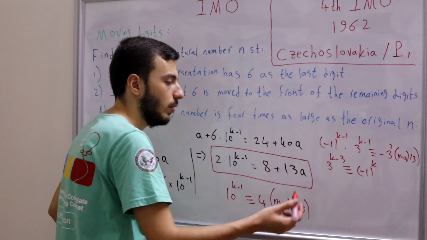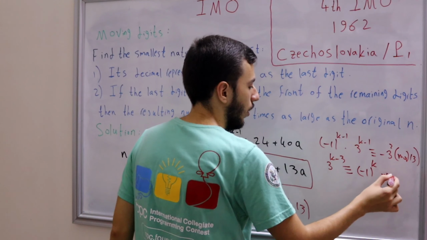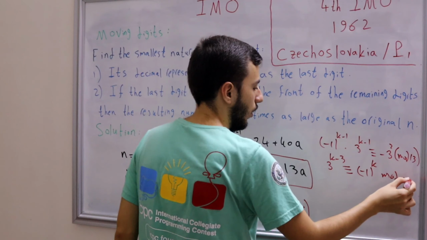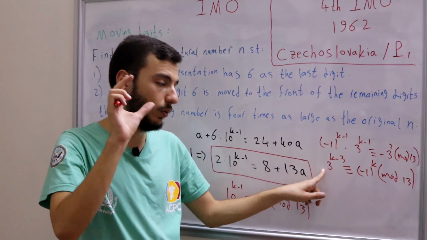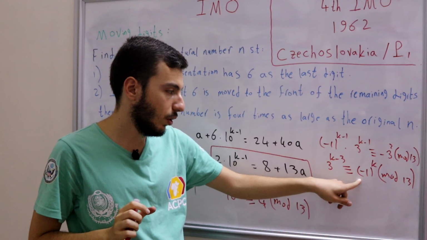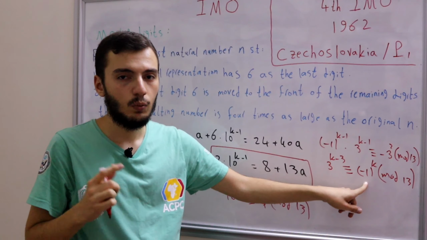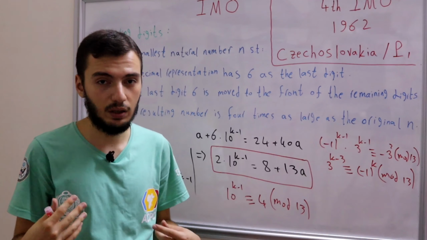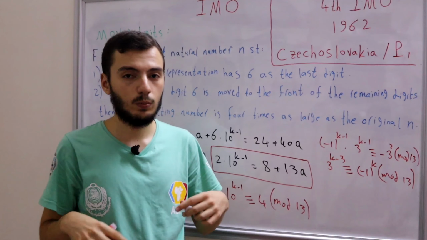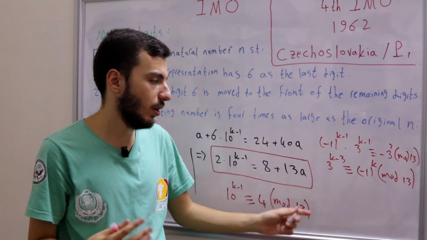Alright, so now we have this really simple equation. 3 to some power is congruent to negative 1 to the k. Well, if it was 1, as we agreed earlier, we'd be really happy. However, it's not 1, it's negative 1.